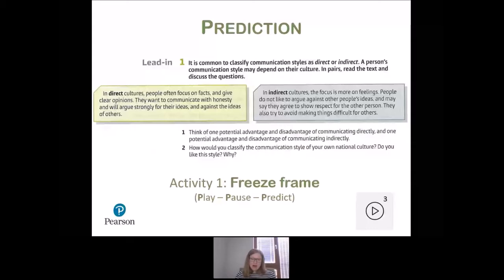How is the manager going to behave? So yeah, polite. Try to be direct. Yeah. So there can be some pros and cons in each approach. So yeah, you would let your students predict what's going to happen, and then you would play the second part of the video where they can confirm whether they were right or wrong.